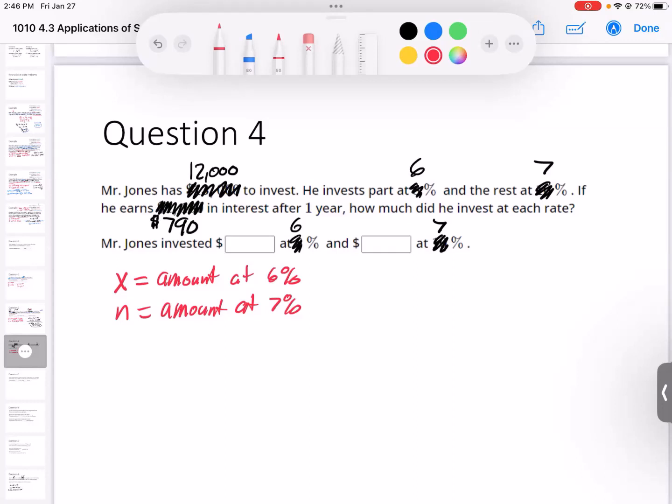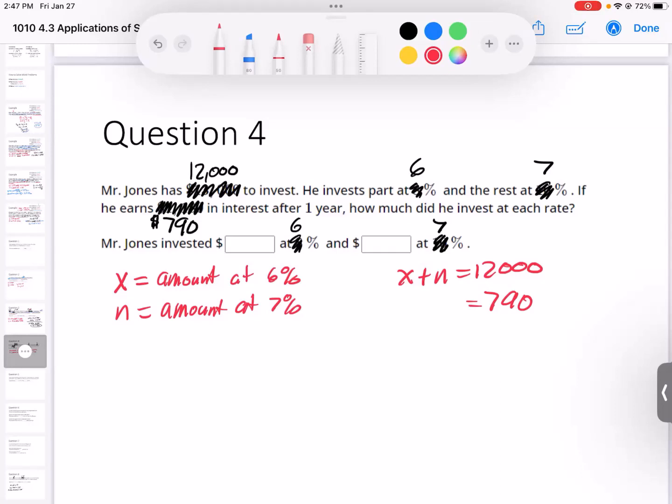And so we'll say, okay, well, X and N are both investing money. It's the amount of money you invest. That's what we're looking for. So we can start off by saying, well, X plus N has to equal the 12,000. And then the interest part, we would say, okay, well, the total interest is 790, and the interest is being earned in two ways. The X amount is getting 6% interest, and the N amount is getting 7% interest.